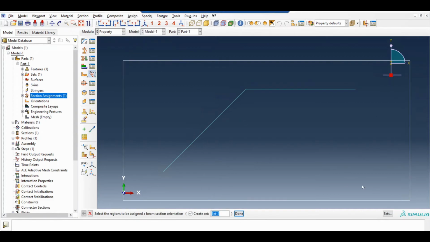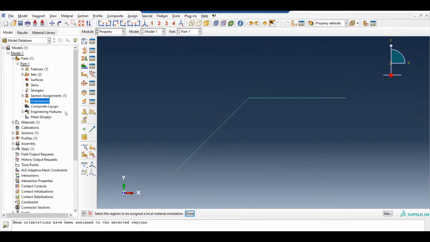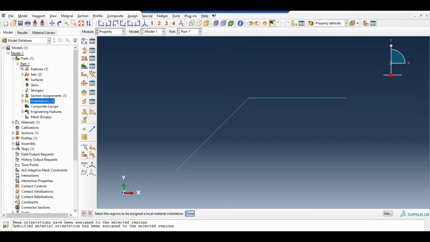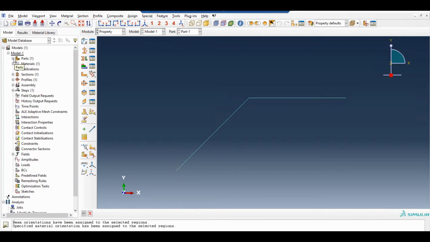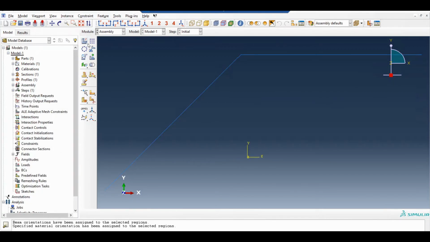Select all of it. Done. Enter. OK. And we can assign our material orientation. OK. Now after this, let's go to assembly. Let's bring our part here, part 1. Okay, I'll move this one right at the center.